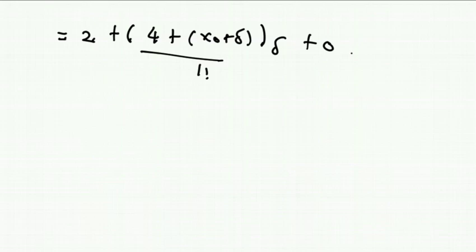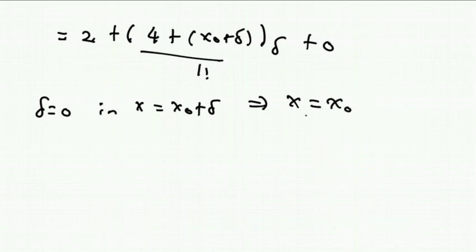Now, but in the Maclaurin case here, delta is equivalent to 0 in x equals x naught plus delta, then it implies x is equivalent to x naught, because delta doesn't exist.